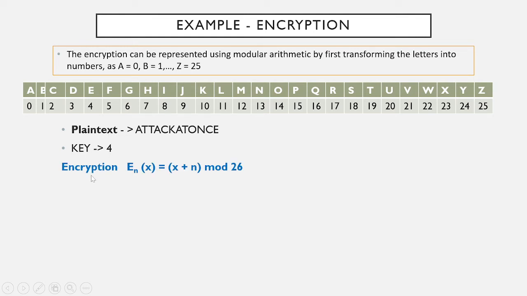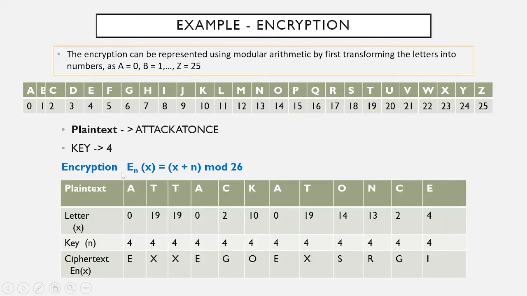The formula for encryption is E(x) = (x + n) mod 26. This table will be helpful for you to easily understand how the encryption works. In the first row, I have written the plain text, and in each column a letter is written.